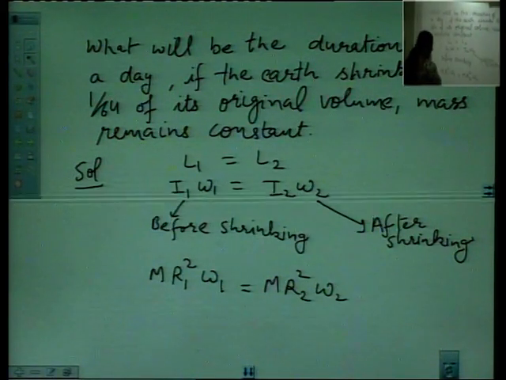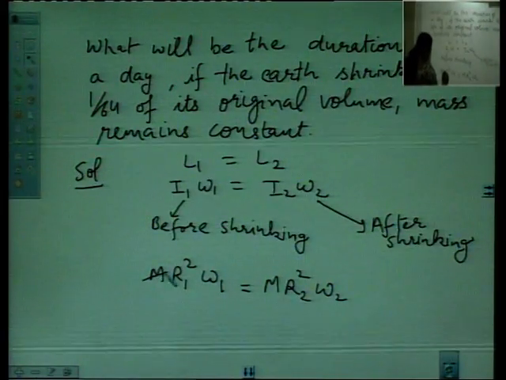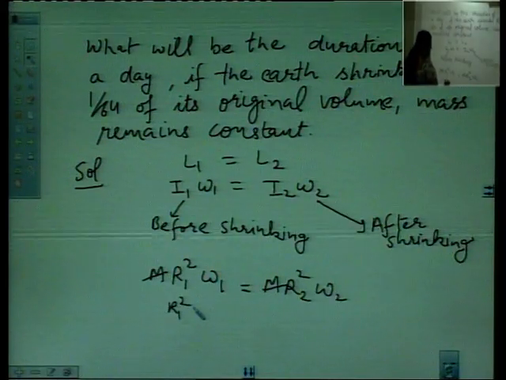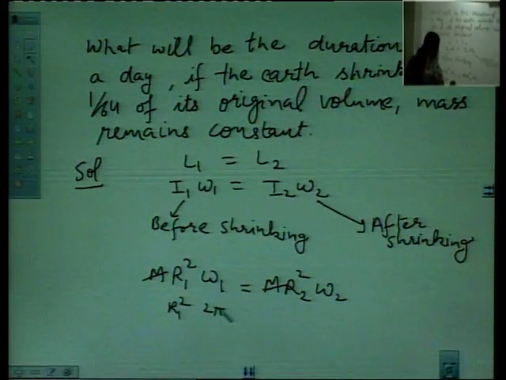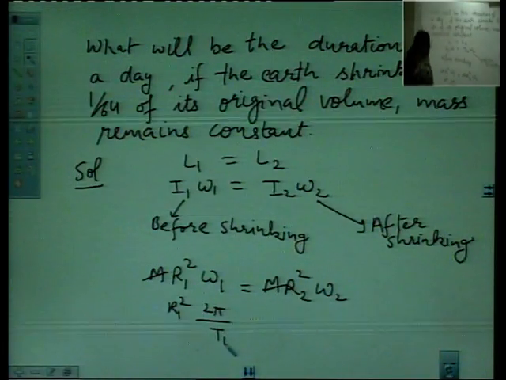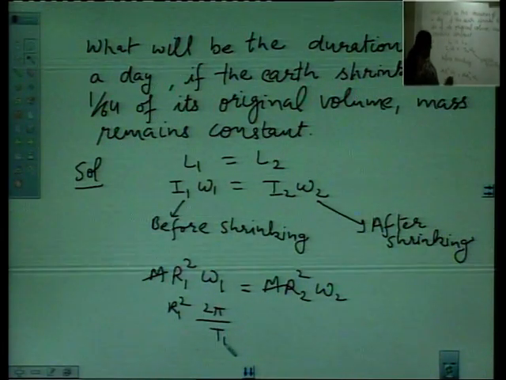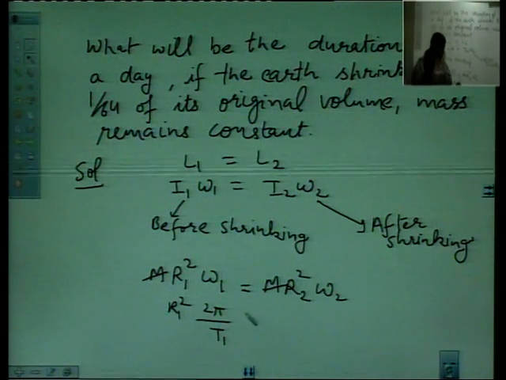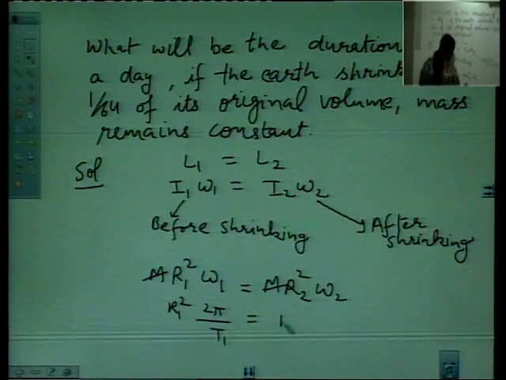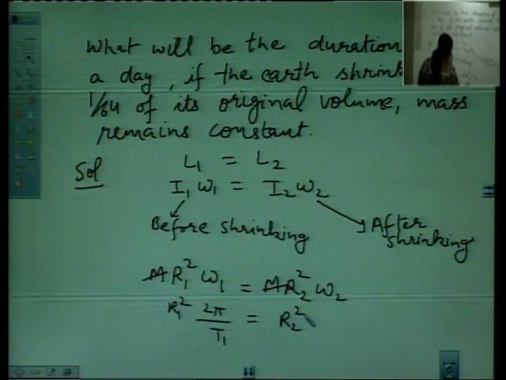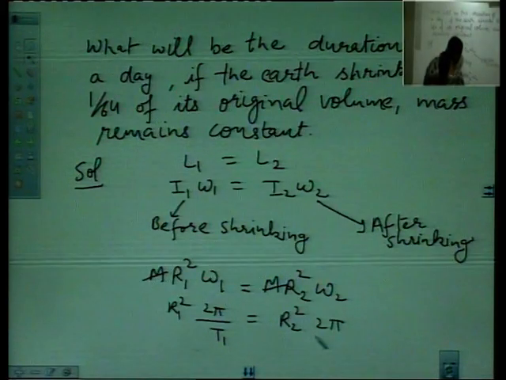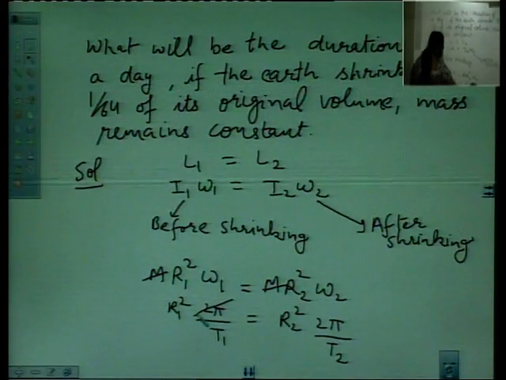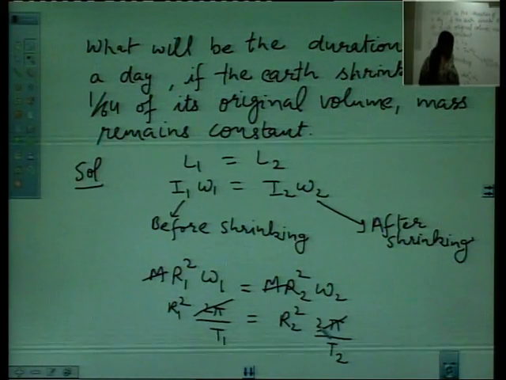Now, m cancels with m. r1 square into omega 1, where omega 1 is equal to 2 pi upon t1, the angular velocity of the earth is equal to 2 pi upon time period t1. This is equal to r2 square into 2 pi upon t2. 2 pi is cancelled out with 2 pi.